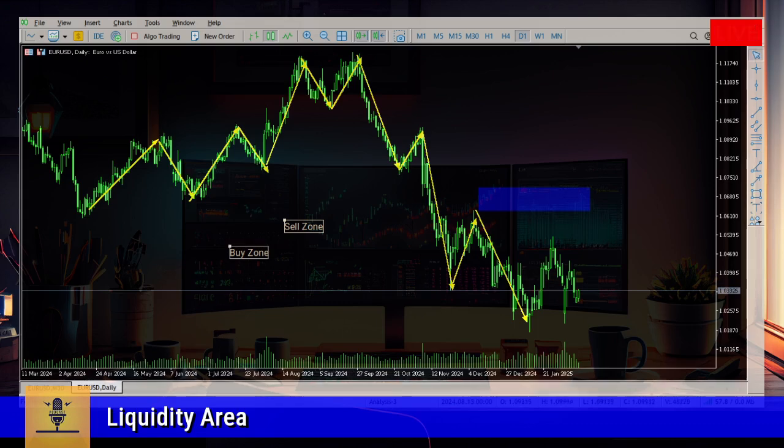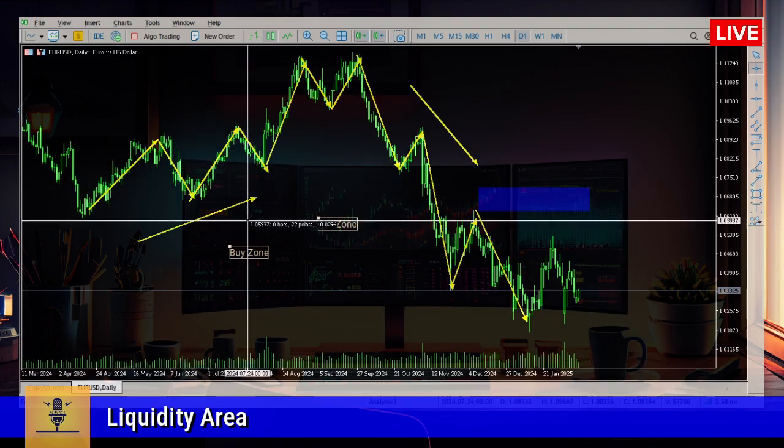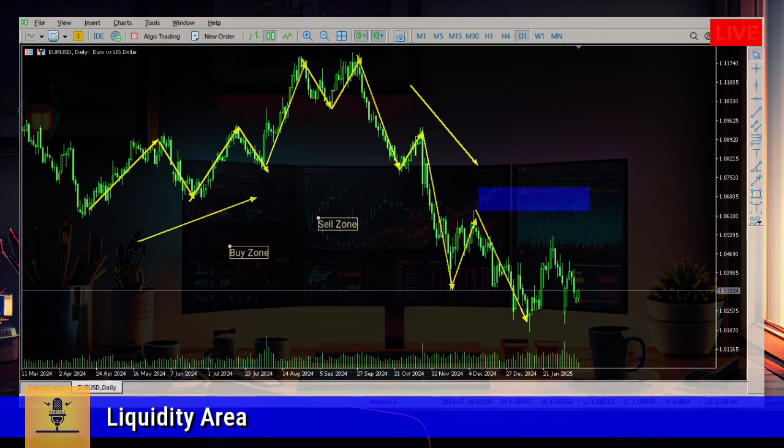When we only do analysis on one time frame, the liquidity will look simple. For example, here, during an uptrend, the oversold area is the lower part of the range. You can see this is our buy zone.